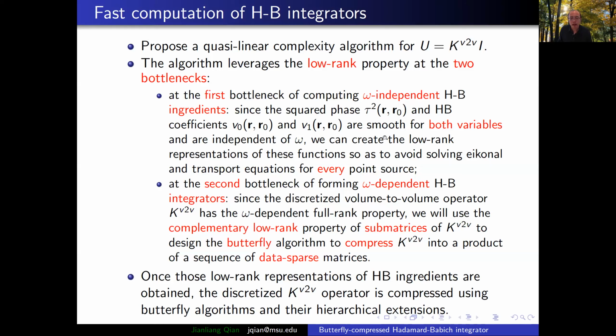And since they are smooth, we can create a low rank representation of these functions, avoiding solving the eikonal and transport equations for every point source.